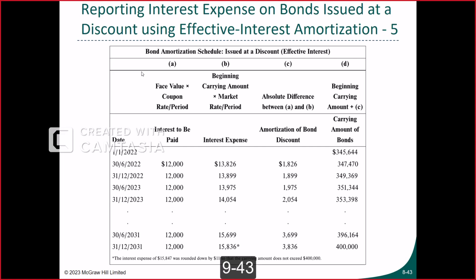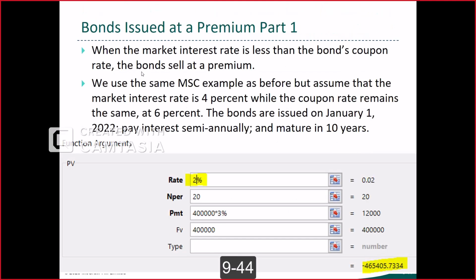If it was a premium, the dynamic is very similar. Okay, if the issuance was made at a premium, we are going to take the same data and make a small change here. We use the same example, but assume now that the market interest rate is 4% instead of 8%. Remember, the coupon rate is the same, 6%.